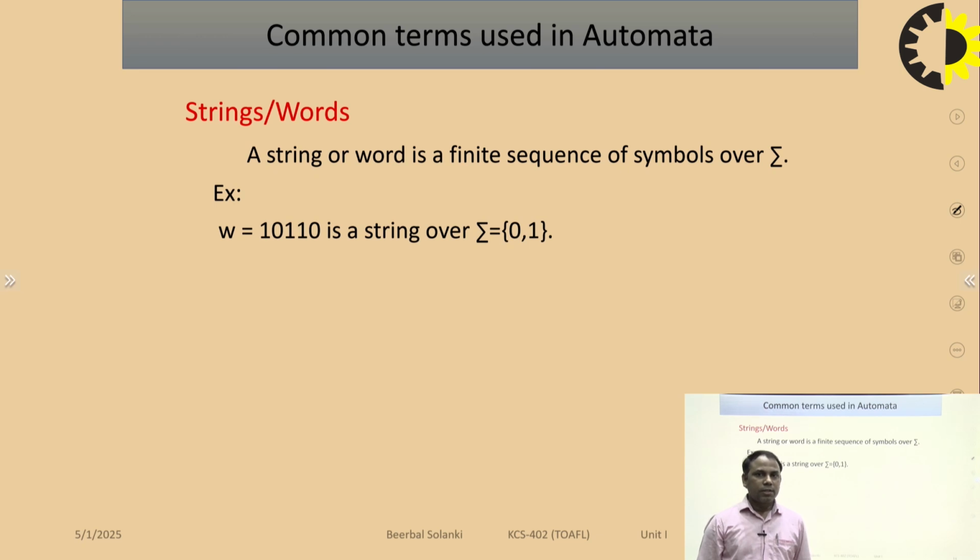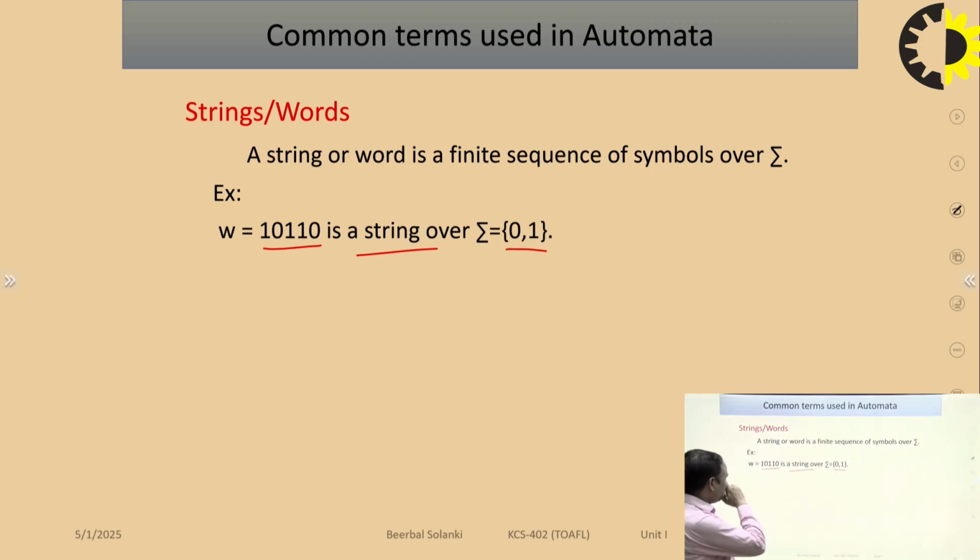Now the next thing is strings or words. A string or word is a finite sequence of symbols over sigma, where sigma is the alphabet. For example, 0100110 is a string over the input alphabet {0, 1}.